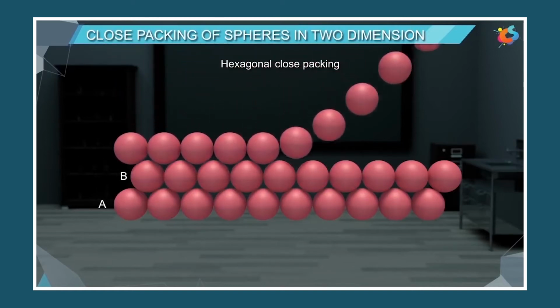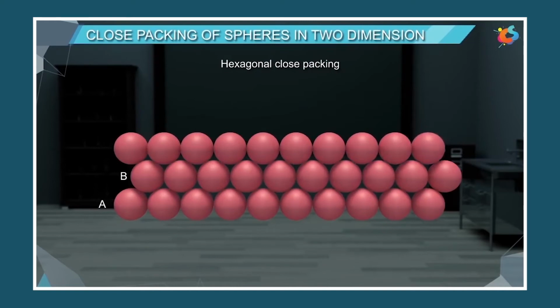When the third row is placed adjacent to the second in staggered manner, its spheres are aligned with those of the first layer. Hence, this layer is also of A type. The spheres of the similarly placed fourth row will be aligned with those of the second row, B type. Hence, this arrangement is of AB type.